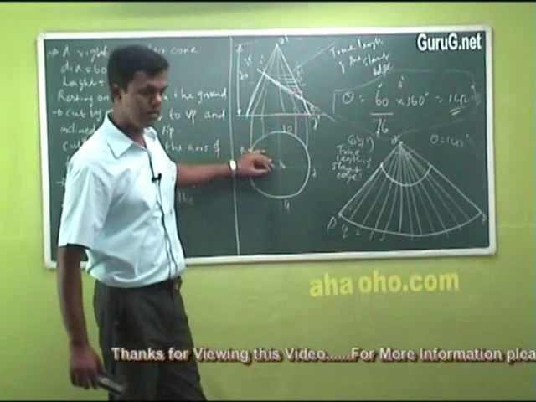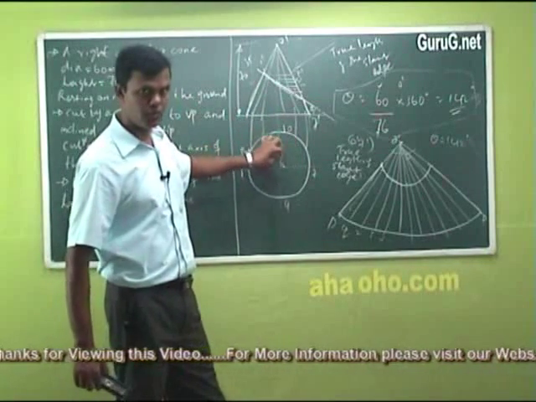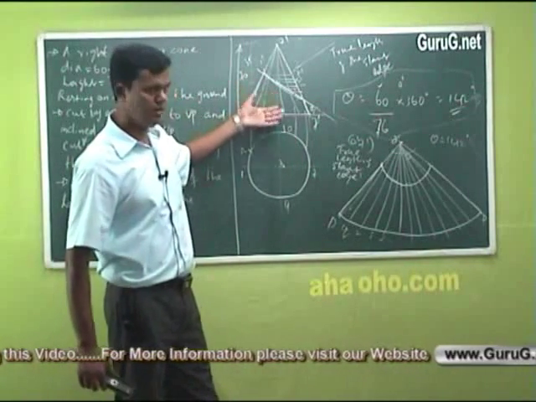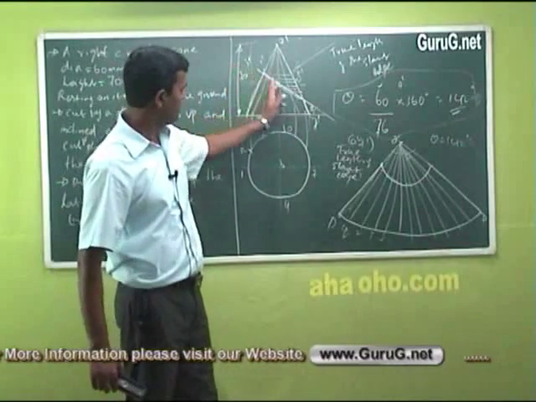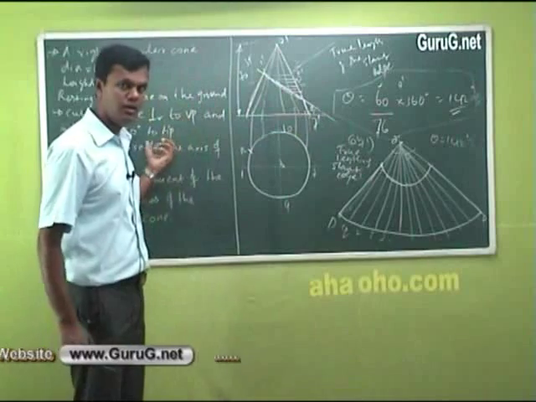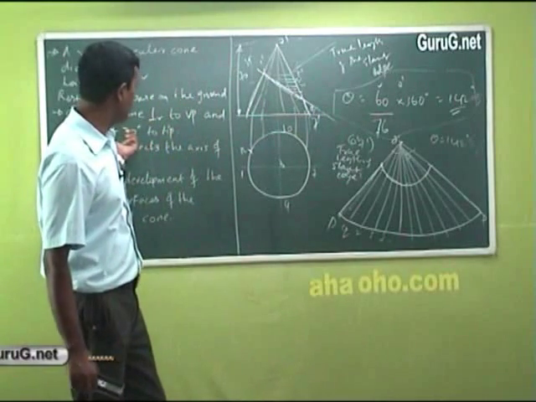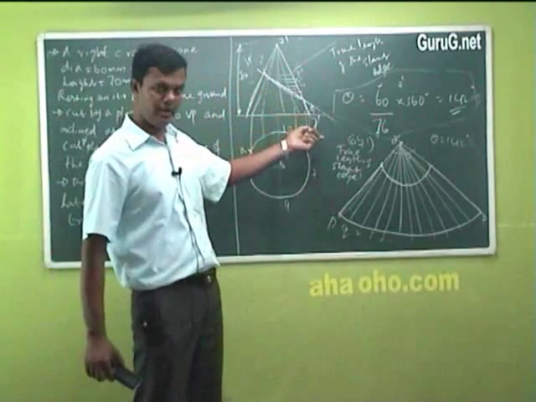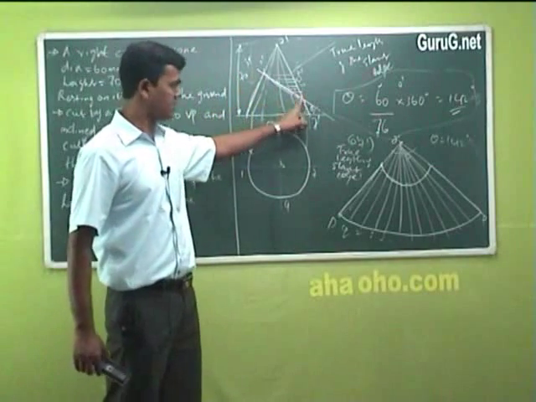So the point is how to draw the development, and these are the steps you have to remember. After drawing your true top view and projected front view, you draw the cutting plane according to the given information and see how many edges it cuts.